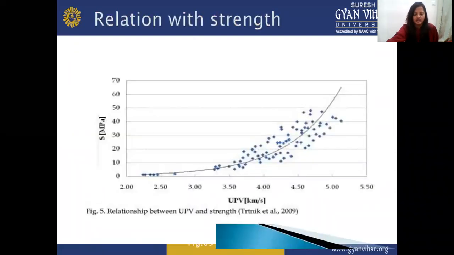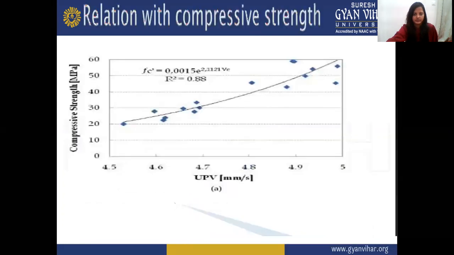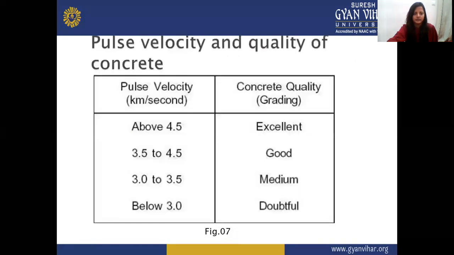So this is the graph that we get for the relationship between ultrasonic pulse velocity and strength. Again, this is another relation to derive compressive strength with ultrasonic pulse velocity.